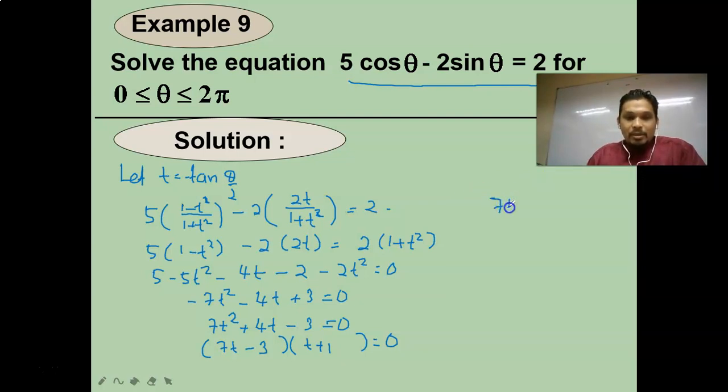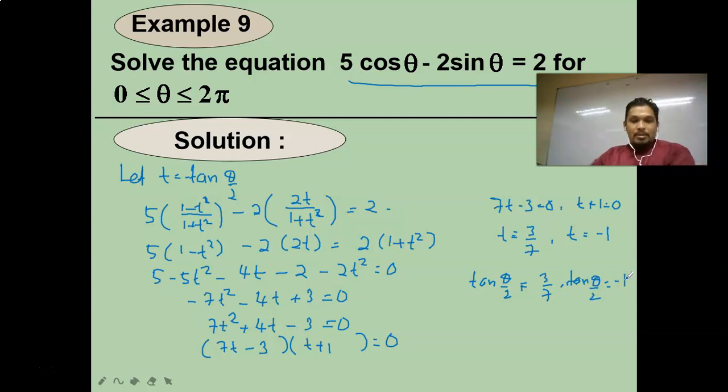Okay, 7t minus 3 equals 0 and t plus 1 equals 0, then t equals 3 over 7 and also t equals negative 1. Okay, so from here t equals tangent theta over 2 equals 3 over 7 and tangent theta over 2 equals negative 1.